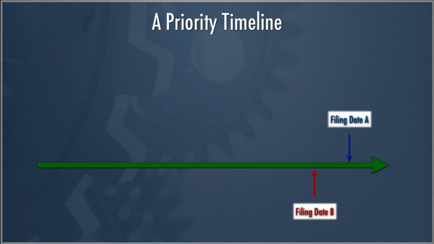But let's talk about how this works, right? So B files first in this scenario, A files later. Right? Who wins? Well, B wins, assuming we know no more information than this, because we assume that your filing date is your reduction to practice date. Right? And indeed, filing dates are called constructive reduction to practice dates. Right? So the PTO will, again, without further information, just decide that your filing date is your reduction to practice date.